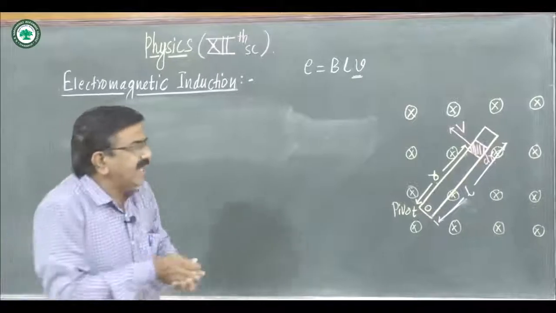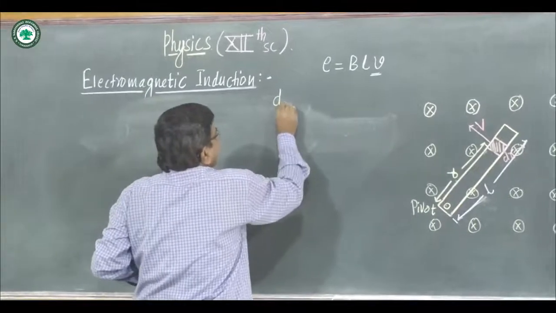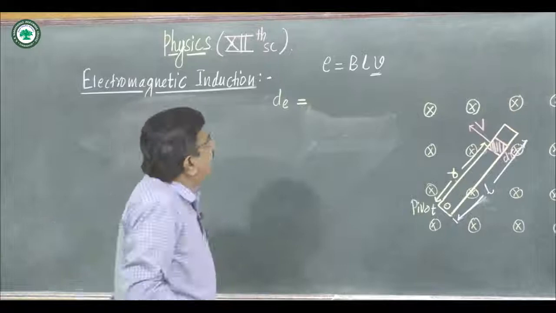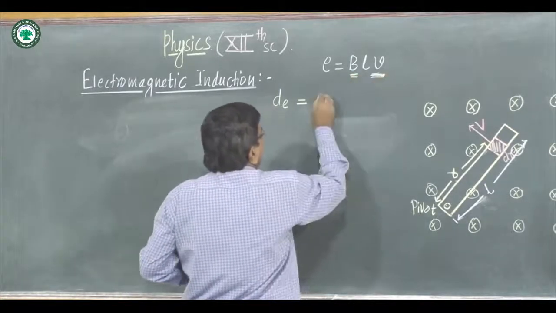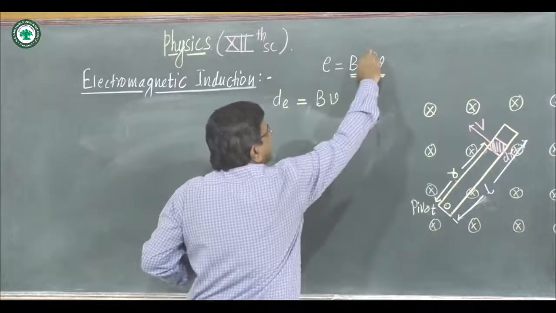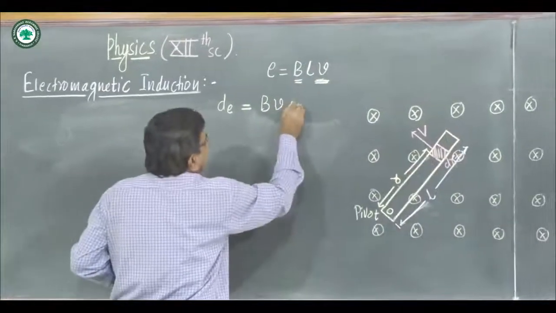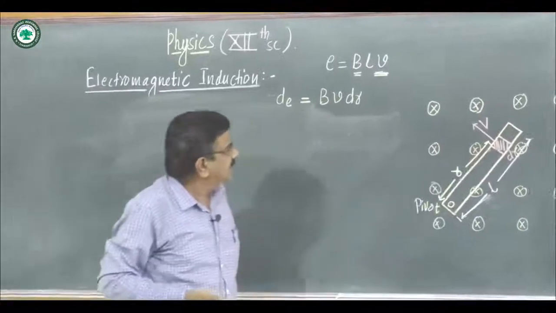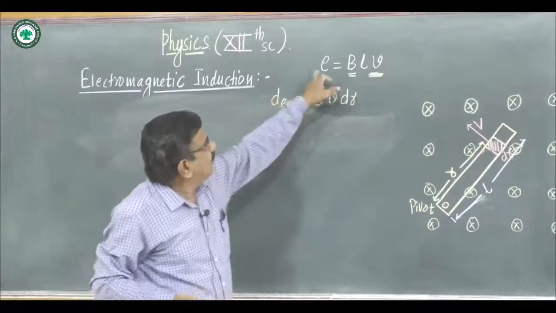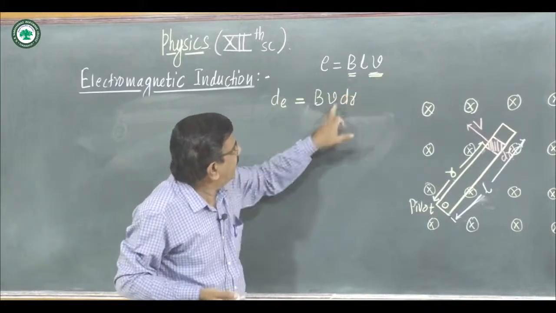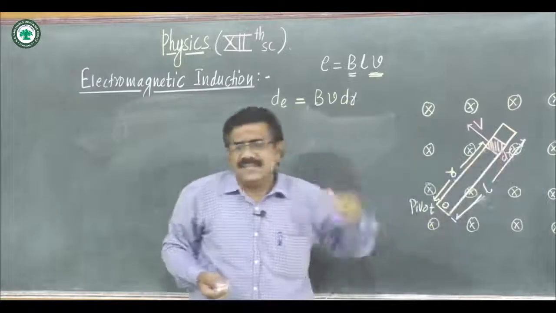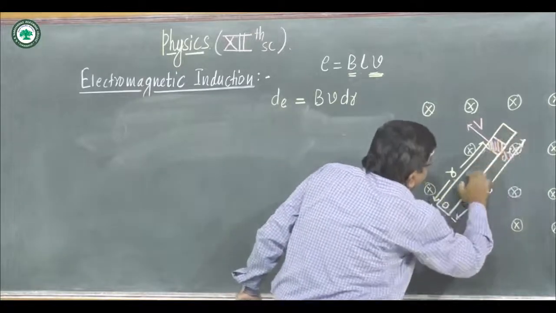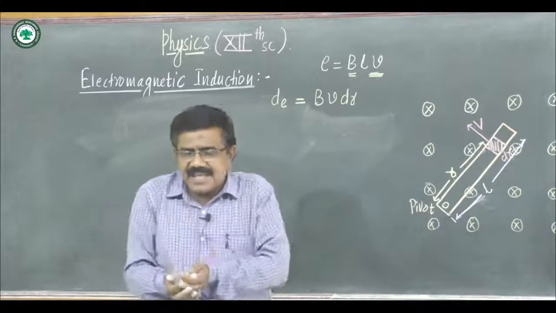We denote it as dE, a small EMF, and we write it as BV dr. The formula is BLV; we write BV, and instead of L, we write dr. The bar is made up of all such small elements and they are in series.